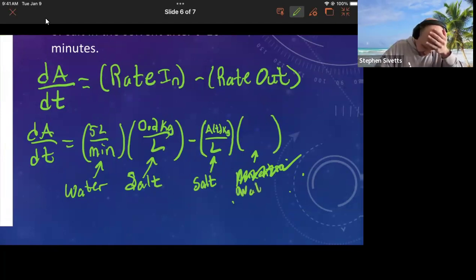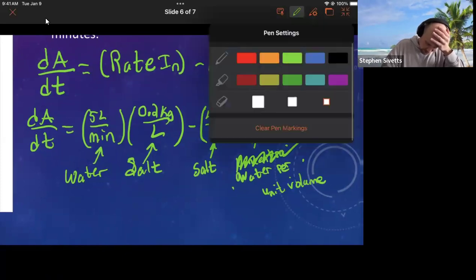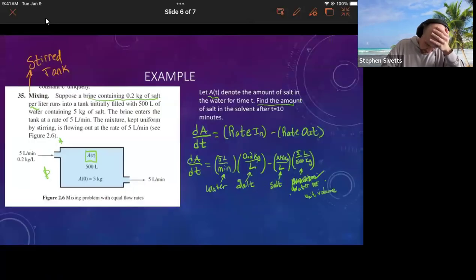So this is water per unit volume, right? So this would be 5 over 500 liters per kilogram, right? But actually, yeah, I meant concentration. Okay, so let me change this here.